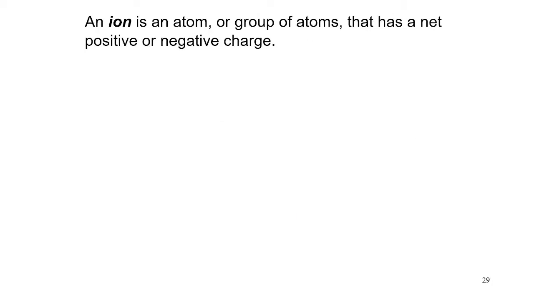So when we talk about ions, an ion is an atom or a group of atoms that has a net positive or negative charge. So when we talk about ions, it can be a molecule, it can be an atom.